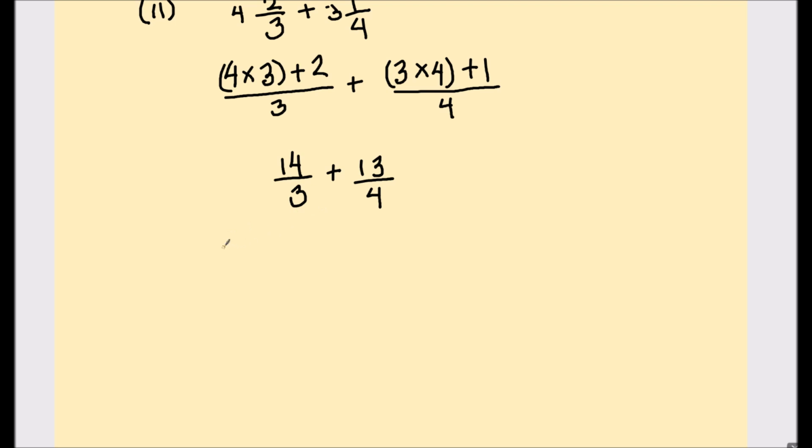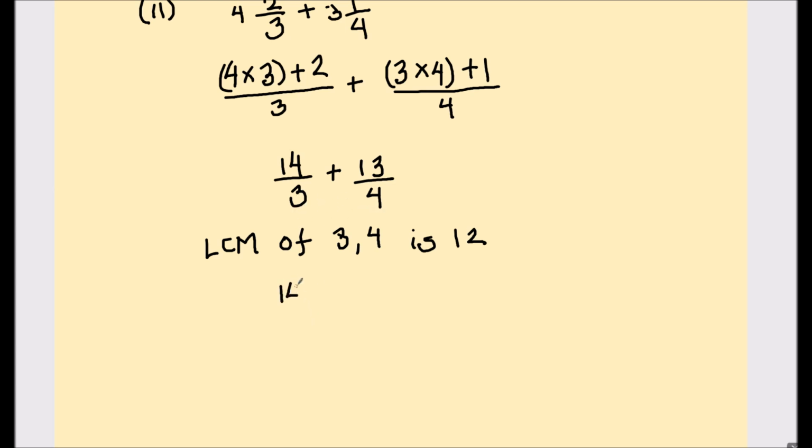Now the third step will be to take the LCM of the denominators. So LCM of 3 and 4 is 12. So the common denominator, or the common multiple, is 12. We need to make the denominators of these two fractions 12 to add them.